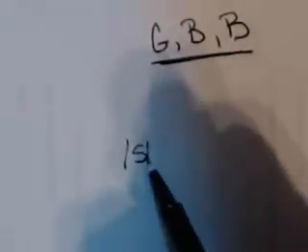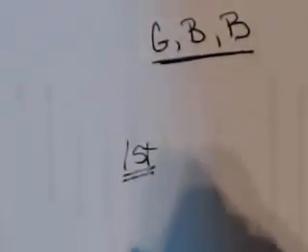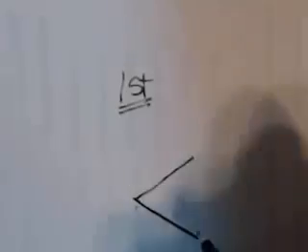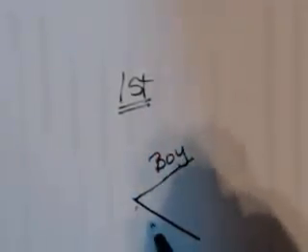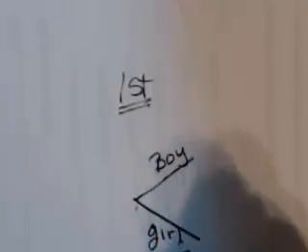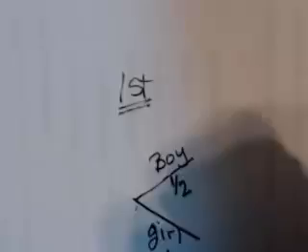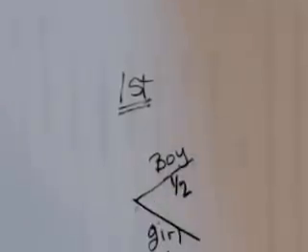So for the first child, you could have a boy or a girl, and the probability would be 1/2 for a girl and 1/2 for a boy.